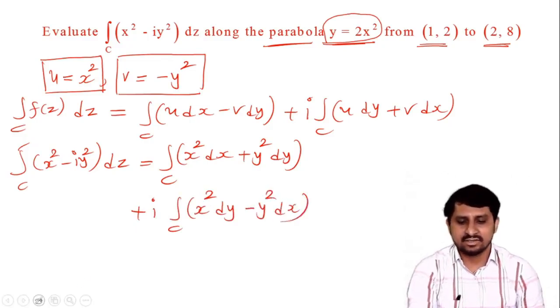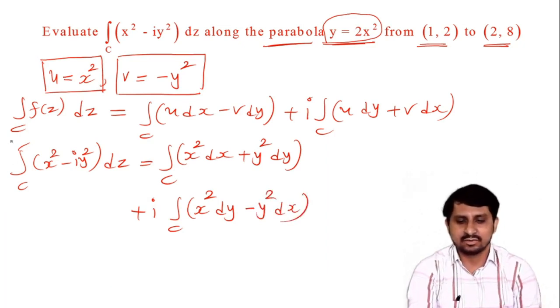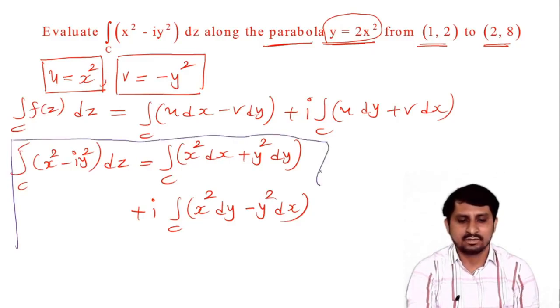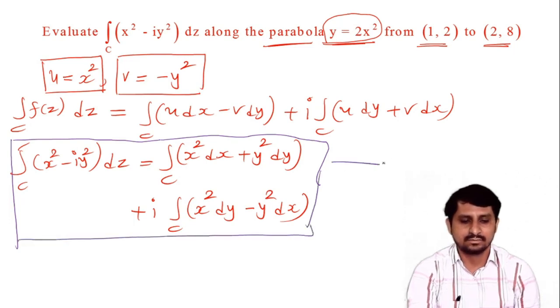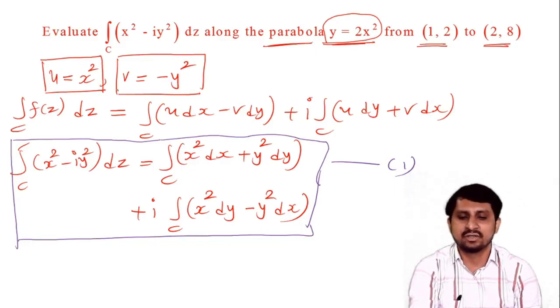So this is our final equation, call it equation number 1. I just put the value of u and v in this main equation.